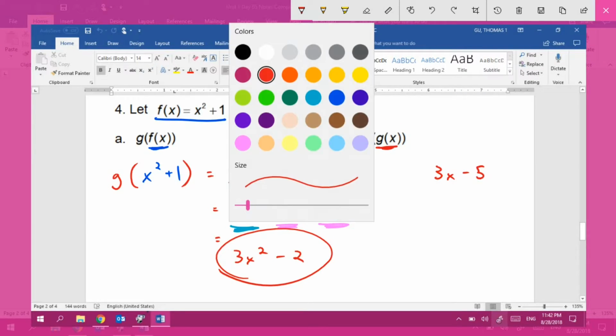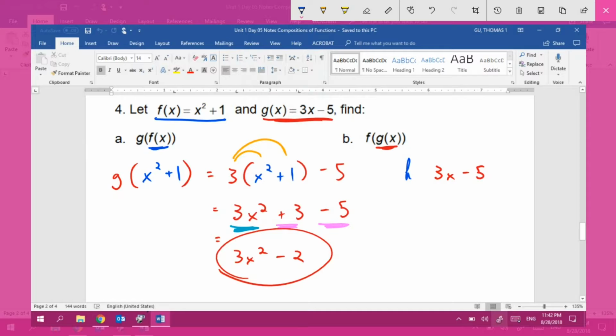And so now I'm just going to write f of 3x minus 5. So we can see the f function originally, if we replaced all the x spots with 3x minus 5, it would be like 3x minus 5 squared plus 1, like this.